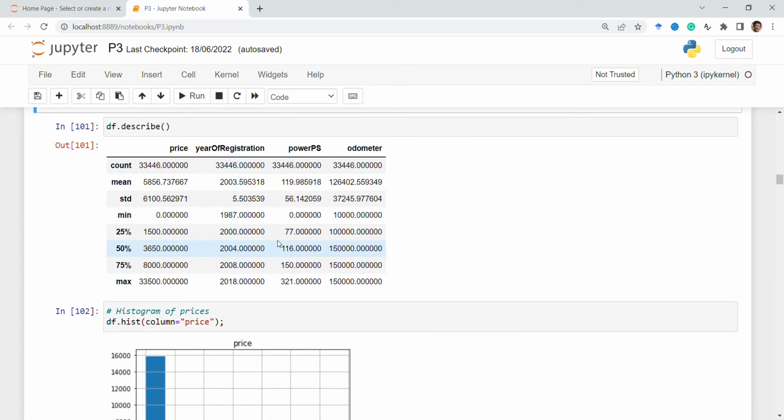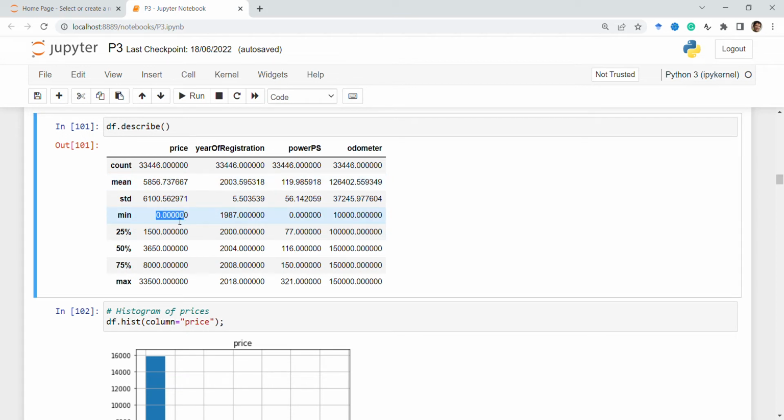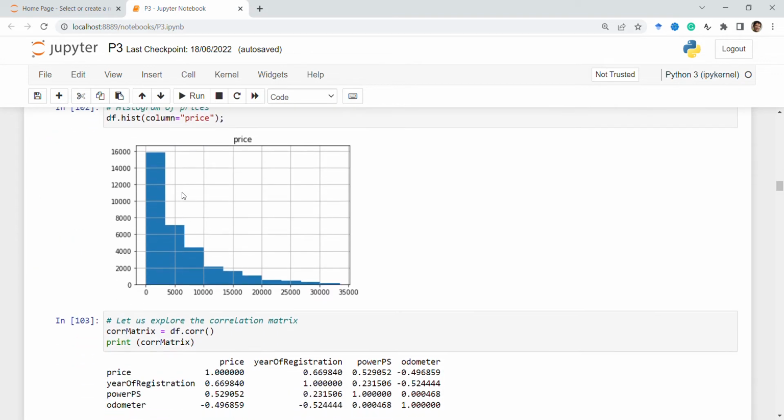And now the range of values is much more understandable. There are cars that have zero price, and the maximum is 33,000. The median is 3,600. The mean is a little bit larger, so that means that the price is skewed, as we see.